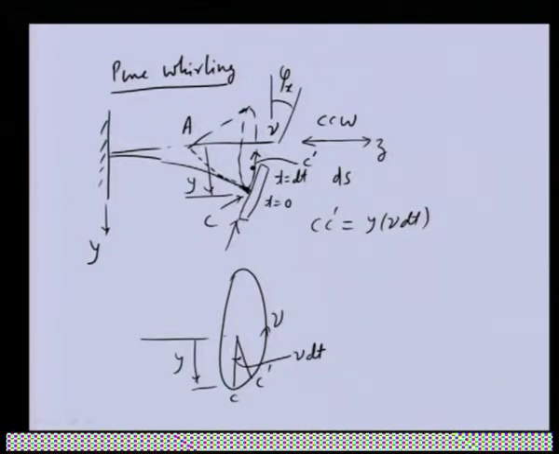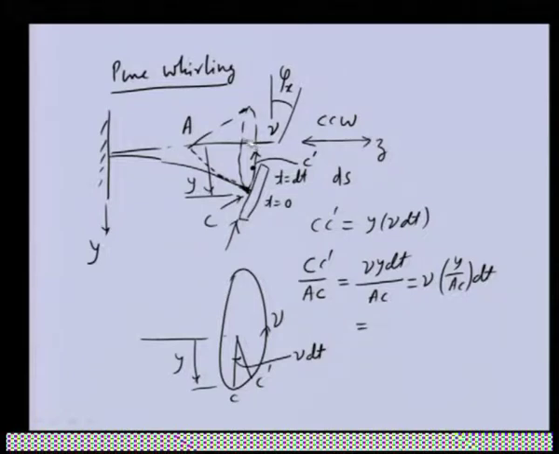And if we want C prime divided by AC, where A is the apex of the cone, then C prime can be written as nu y dt, which is coming from the above expression, and AC can be written as nu y by AC into dt. Now, y by AC, y is this distance, AC is this.